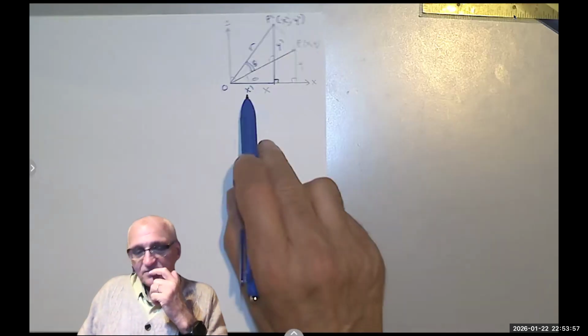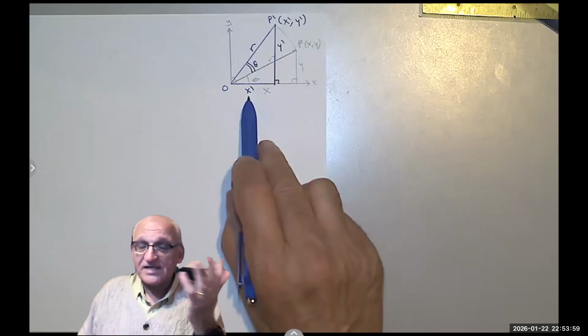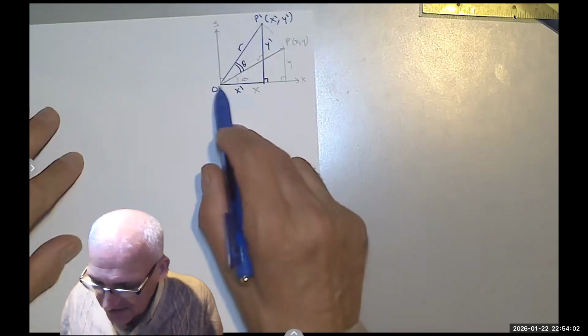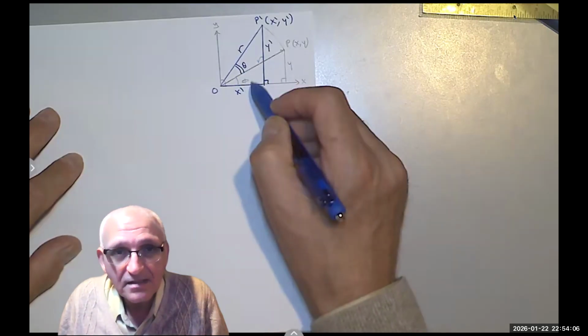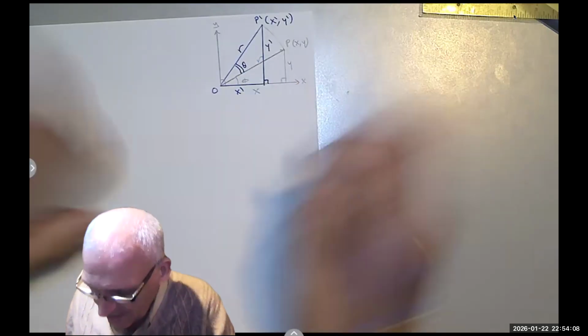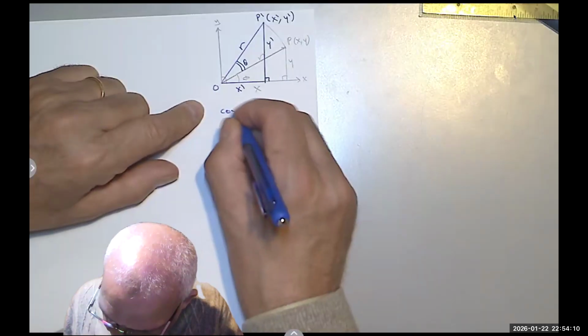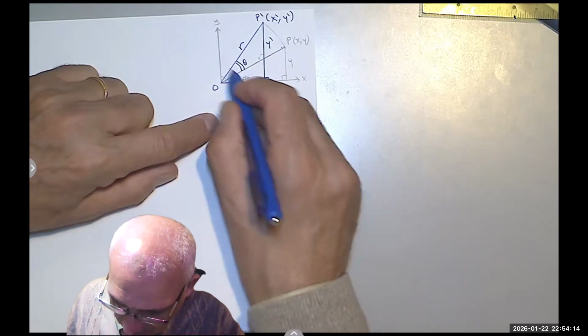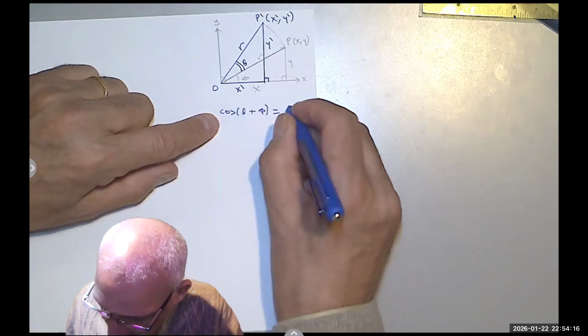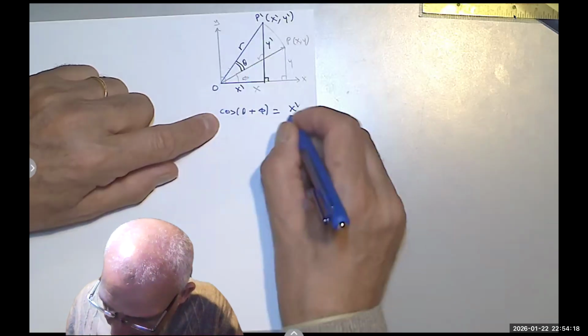Do you see X prime in this triangle is R cos of this angle. Okay, think about it differently. Cos of theta plus phi, the cosine is adjacent over hypotenuse.